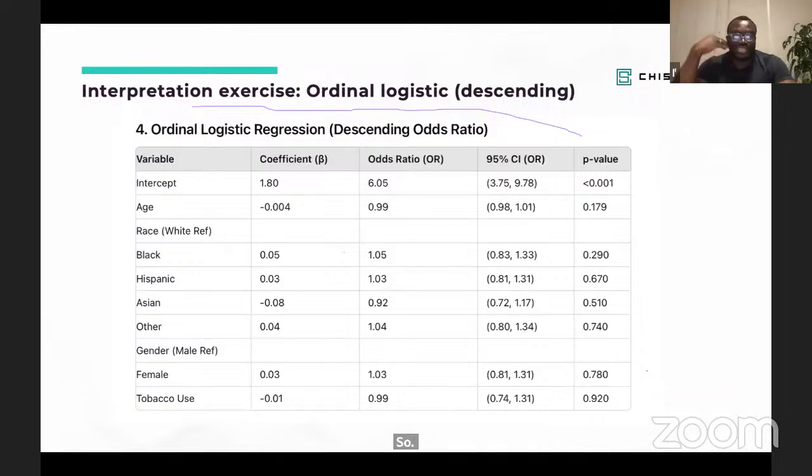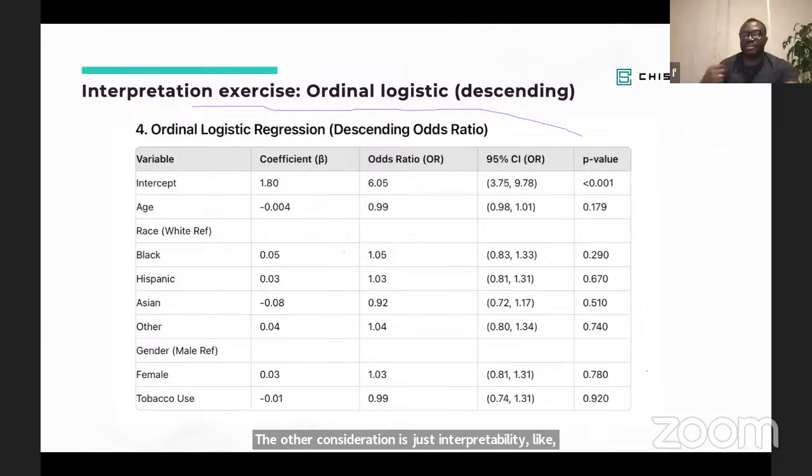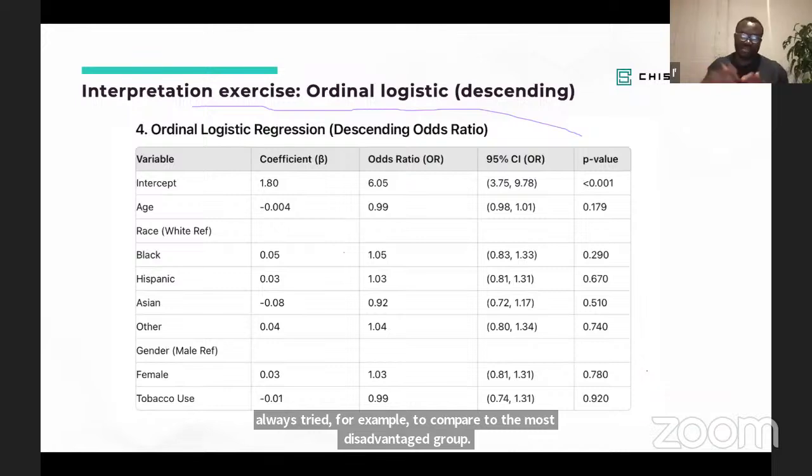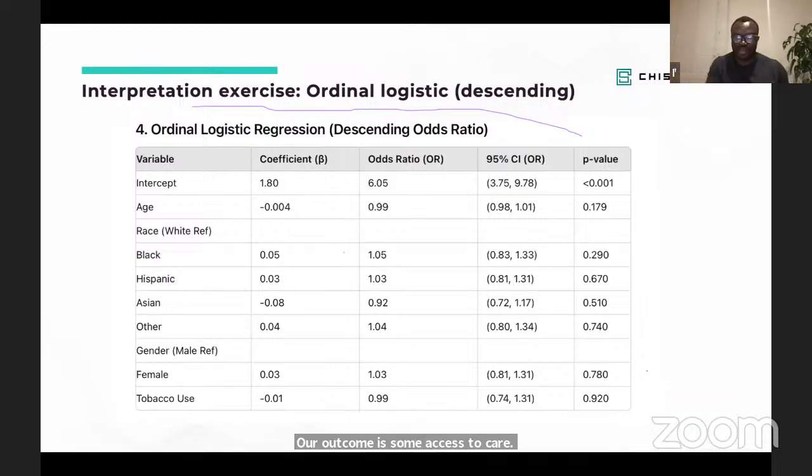The other consideration is interpretability, in the context of disparities. In general, when we're looking at disparities, there are guidelines for what comparisons or benchmarks we use. We always try, for example, to compare to the most disadvantaged group. If our outcome is access to care, and we're looking at income, the most disadvantaged are the poorest, right?